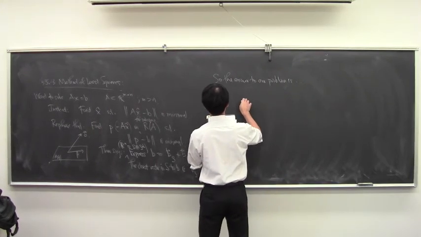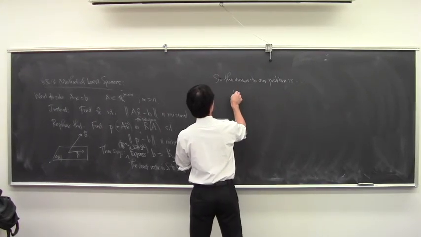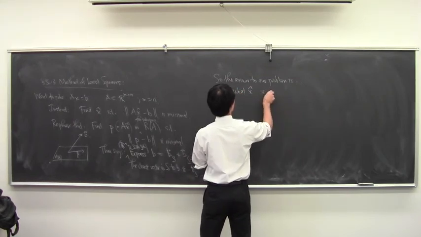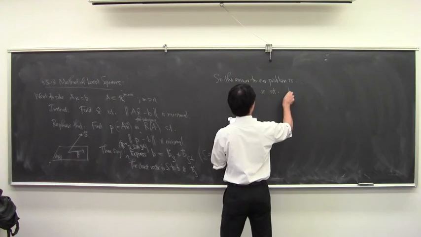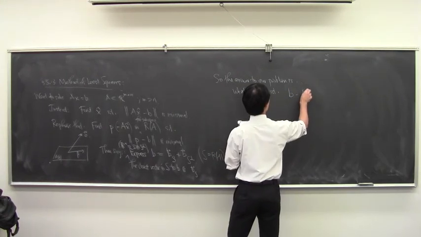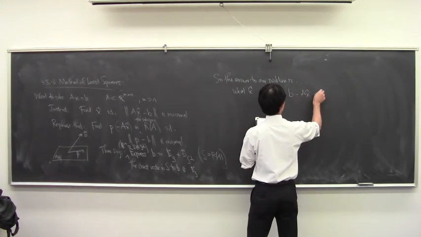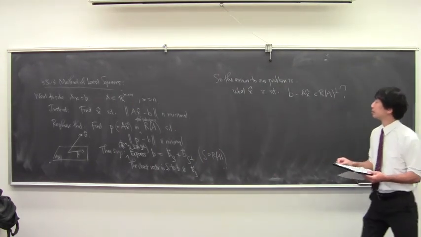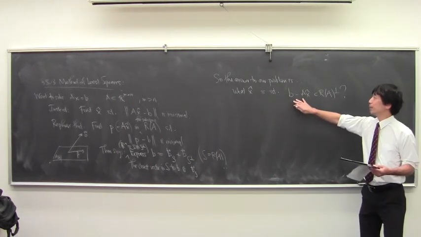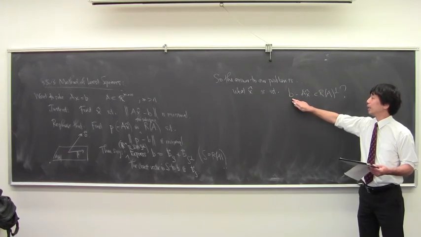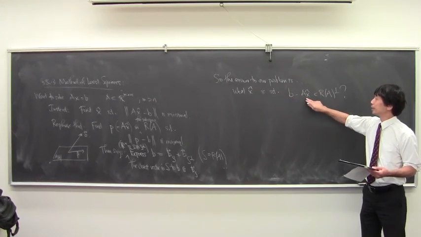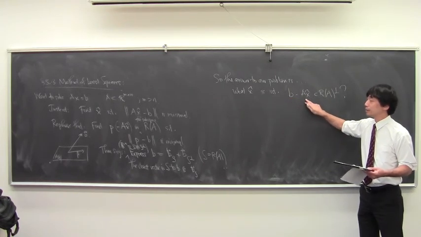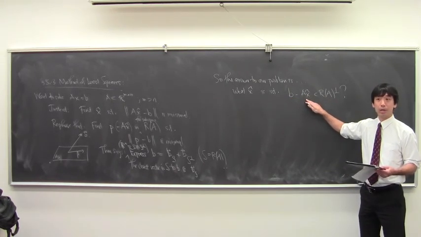well, actually, what x is such that b minus Ax is in the range of A perp? Because that's what we want. We would like to find the vector so that b minus that vector is in the orthogonal complement.